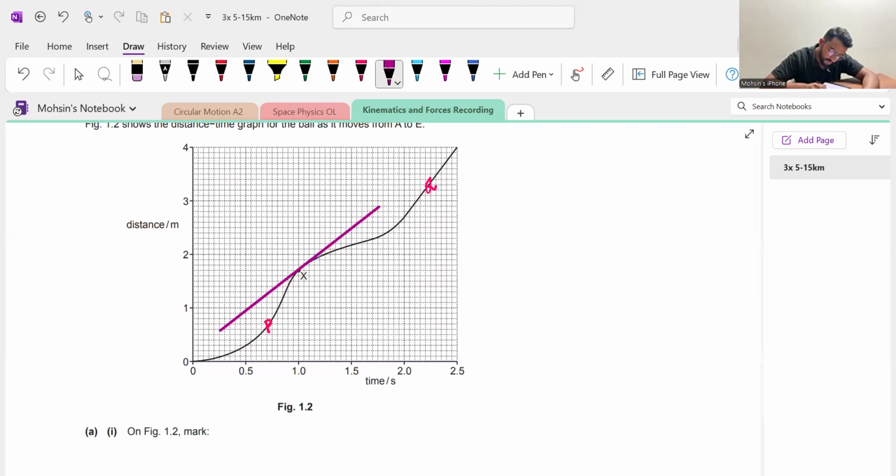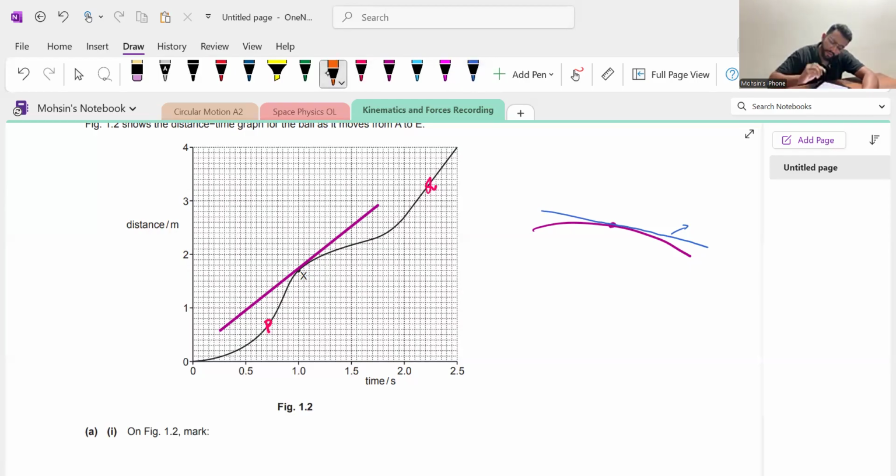Tangent is a line which is touching a curve at a particular point. So if I draw a line like this, and this line is touching the curve at that particular point, this line will be called tangent. So I have drawn tangent here. Now, this is the line for which I am going to find the gradient.